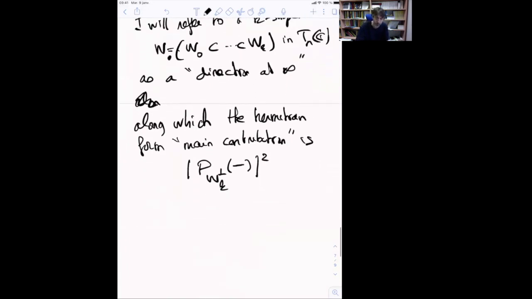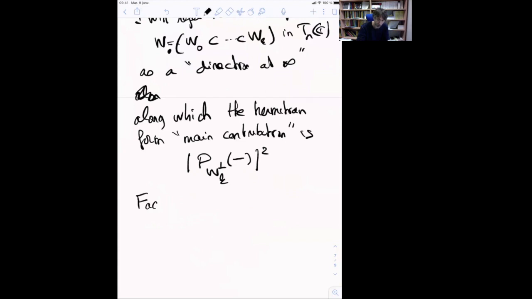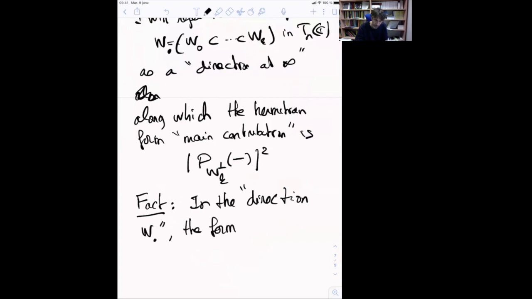From this, it's not hard to show the following fact: in the direction, so again, I put in the direction of this flag, the form eta restricted to X cross kappa, where kappa is a compact subspace of Cn minus Wk.